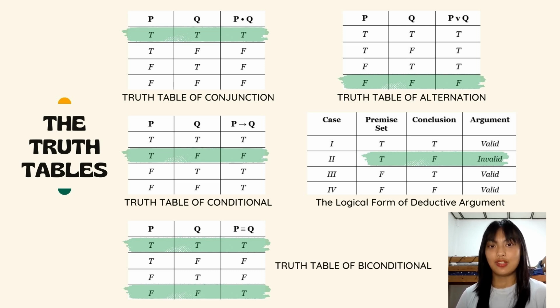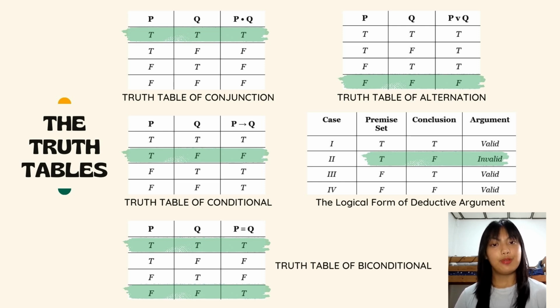Here's a table representation for determining the logical form of this compound. As for the example, P and Q is only true provided that both P and Q are true. A conjunction set of premises is only true when all its elements are true. If one or both is false, then the whole premise set is false.